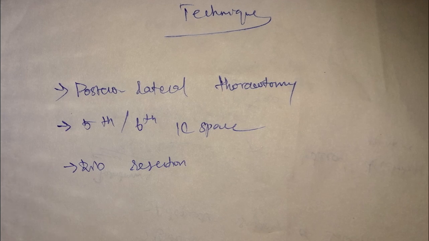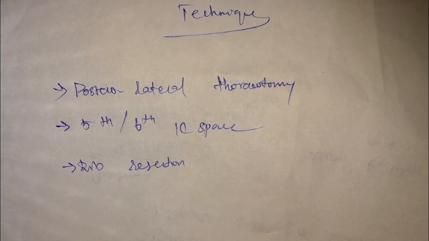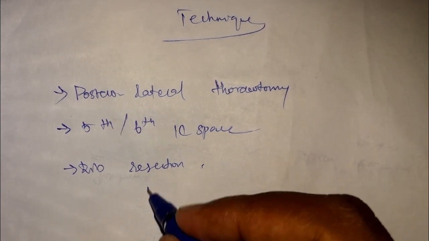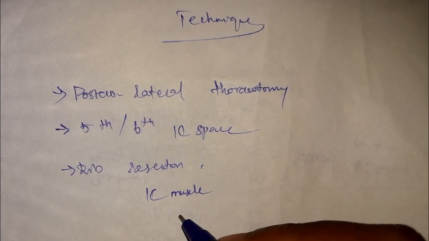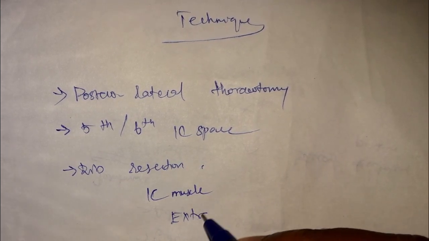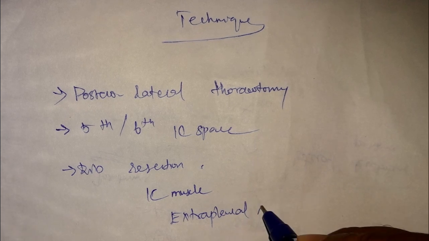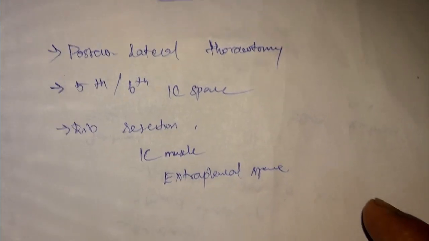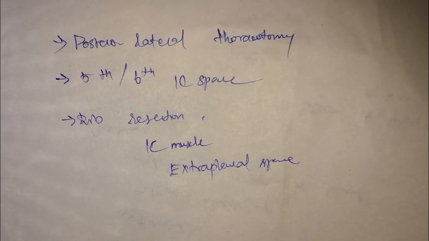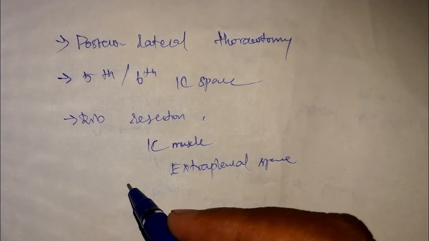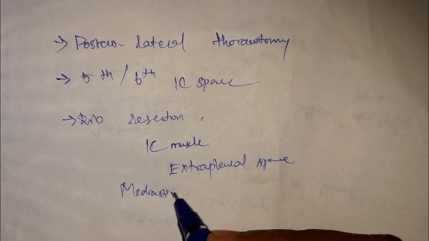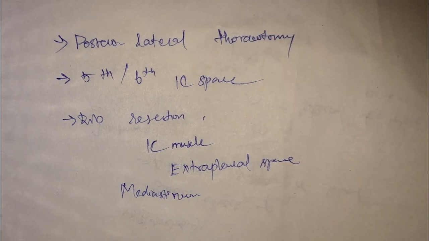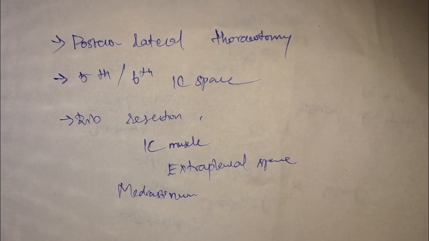If crowding is there, we should do the rib resection. After that, division of the intercostal muscles is required. After the intercostal muscles, we can find the extrapleural space. In some inflammatory processes the mediastinum is not generally involved, but during surgery we should take care of the mediastinal structures and avoid injury to them.